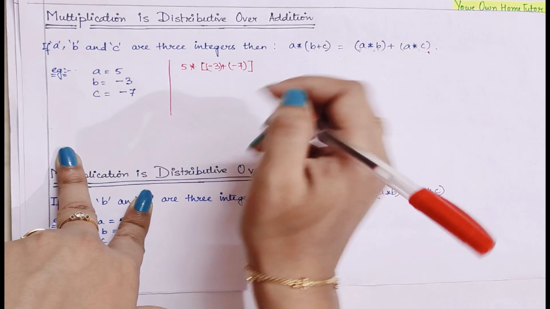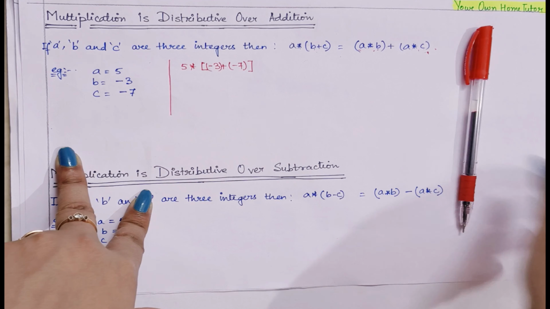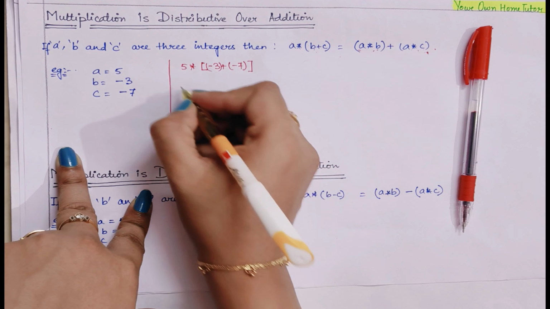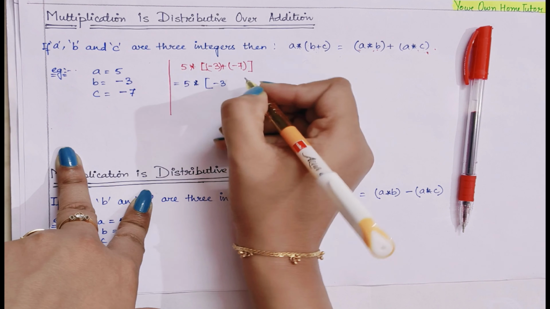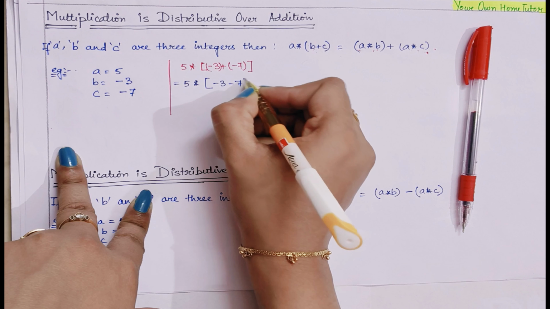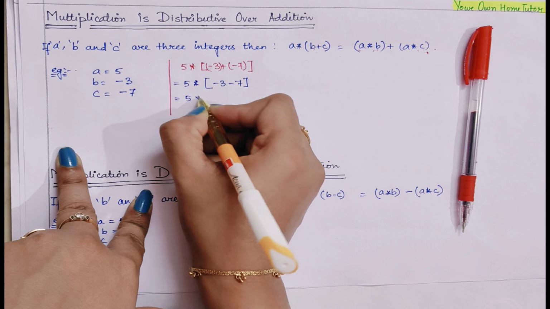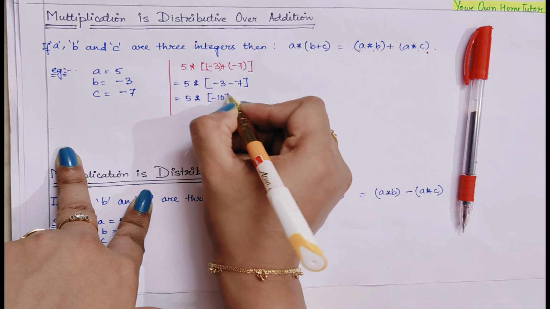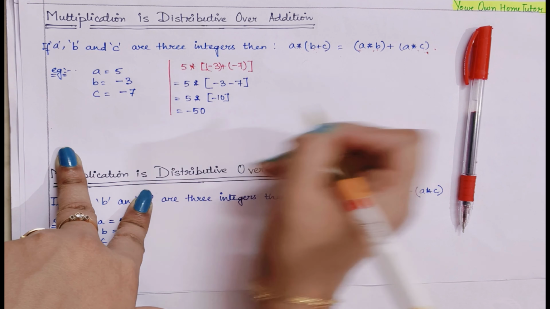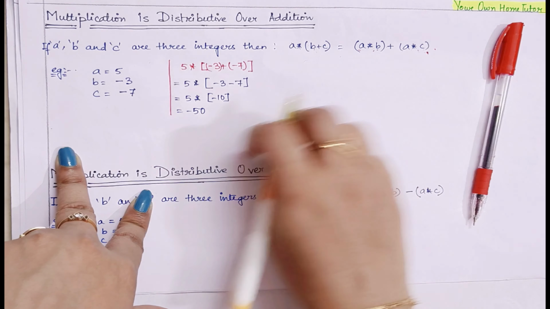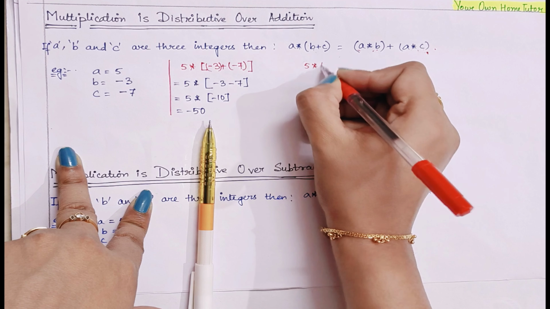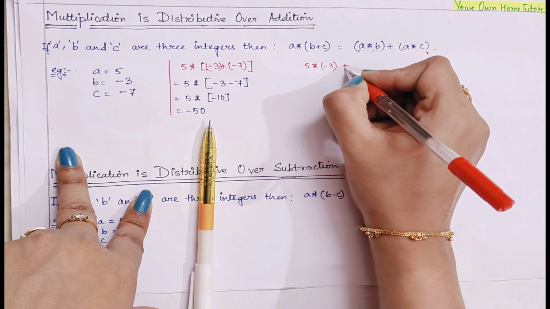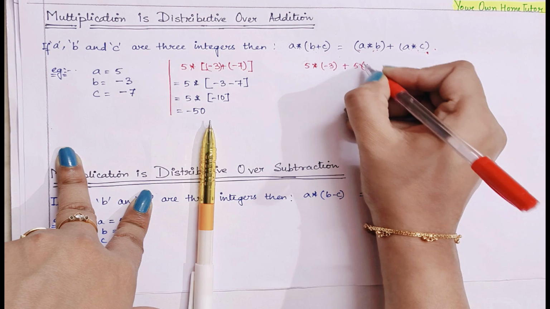So let us solve the left hand side first, then we will solve the right hand side. So 5 into minus 3 plus minus 7 will give me minus 10. So this is 5 into minus 10, which is minus 50. Now let us solve the right hand side. The right hand side will look something like A into B plus A into C.